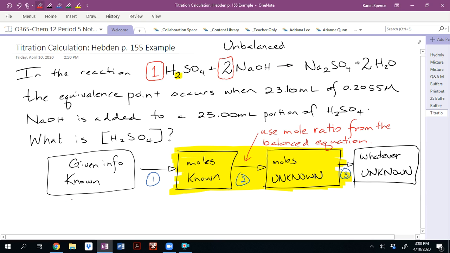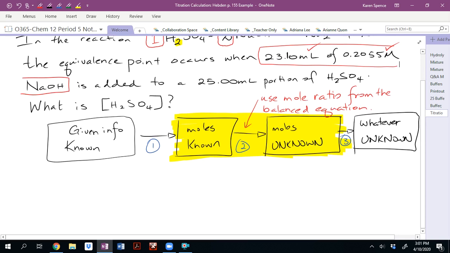The known substance is 23.10 milliliters of 0.2055 molar NaOH, because we know everything about it. We know milliliters, we know molar, the molarity, the concentration. So the given info that we have is that we have 23.10 milliliters of 0.2055 molar NaOH.